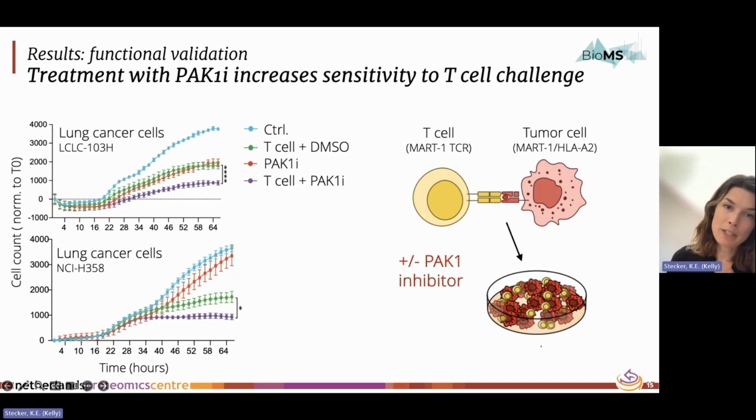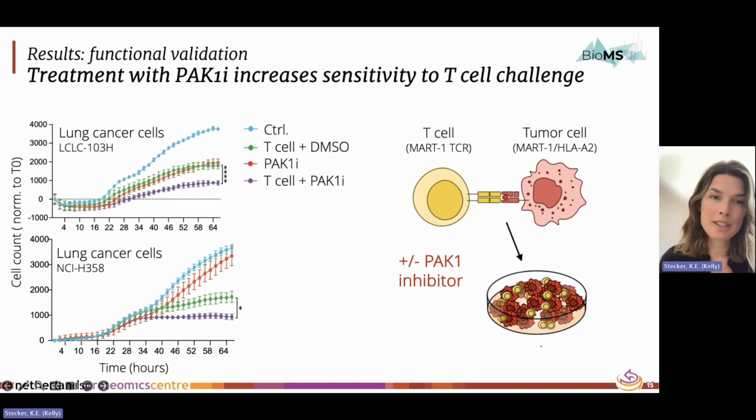So that's exactly what we did. We returned to our co-culture system. Here, again, we took our T cells matched to tumor cells and we co-cultured them in the presence or absence of PAK1 inhibitor. And what we found is that I'm showing the tumor growth on the graphs on the left, and the y-axis is the cell count for tumors, and the x-axis is time.